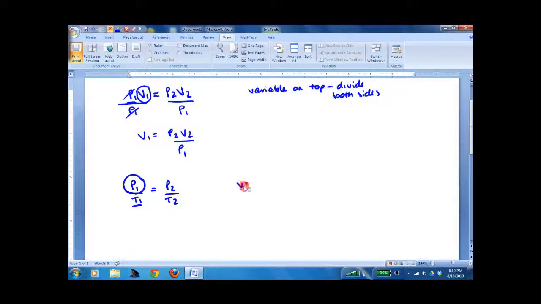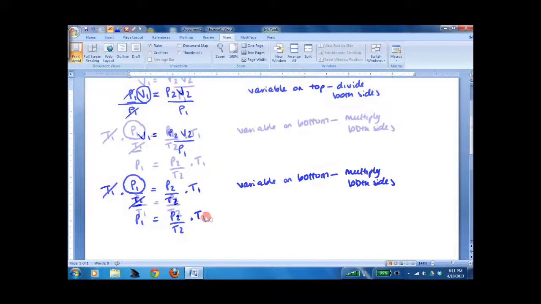And so the variable's on the bottom, and I'm going to multiply both sides. So I'm going to multiply both sides by T1. T1 cancels out, and we have P1 equals P2 over T2 times T1.